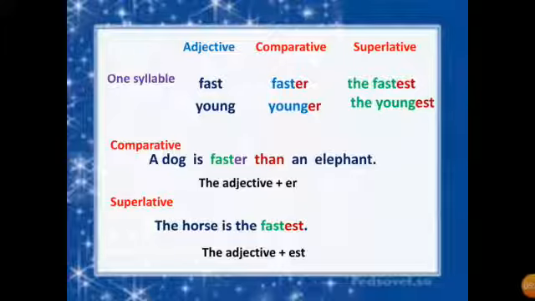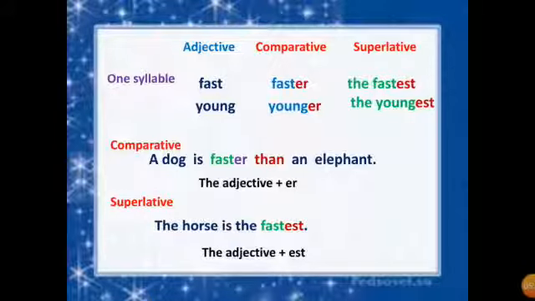Now pay attention to the next sentence. A dog is faster than an elephant. We use the adjective fast, and we add er in comparative form, and also the comparative form of the adjective takes than.